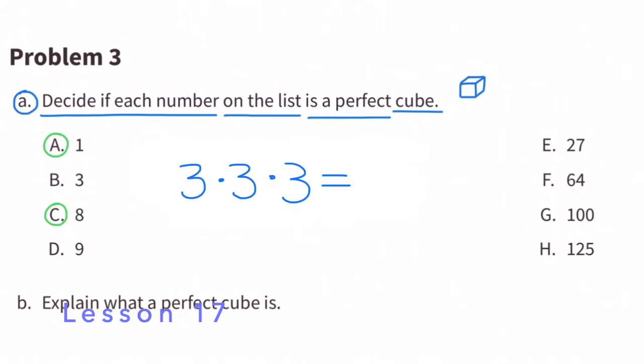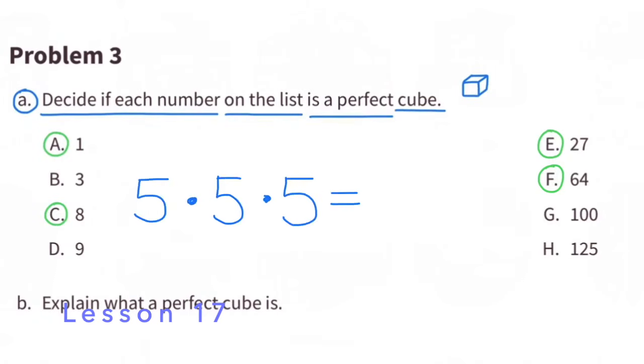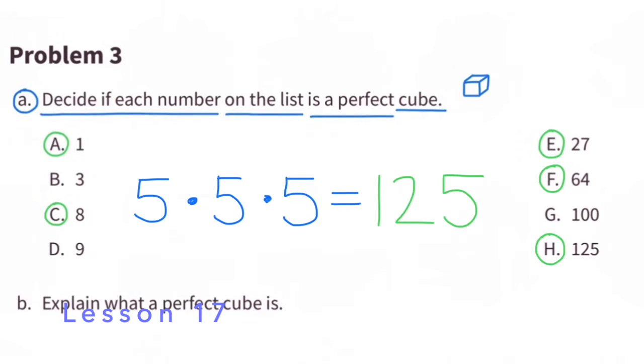3 times 3 times 3 equals 27. So 27 is a perfect cube. 4 times 4 times 4 equals 64. So 64 is also a perfect cube. 5 times 5 times 5 equals 125.